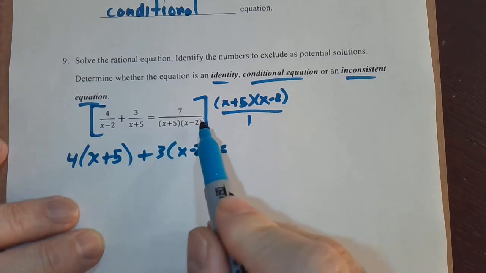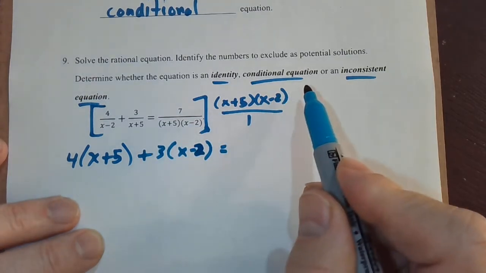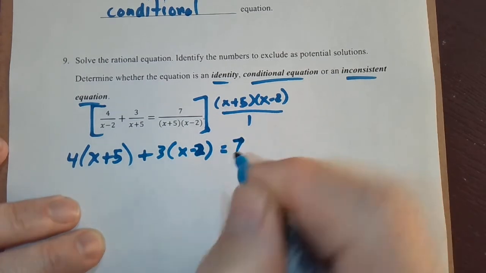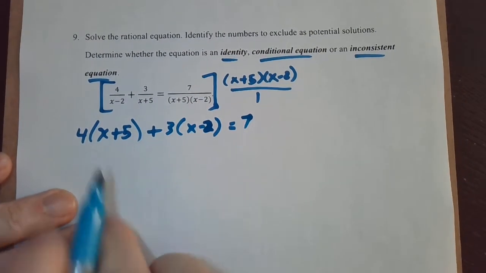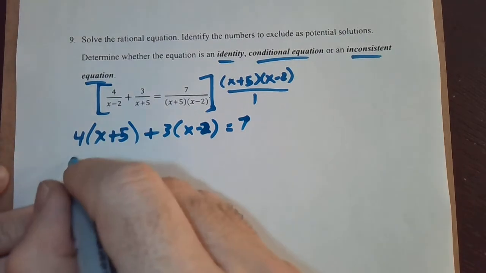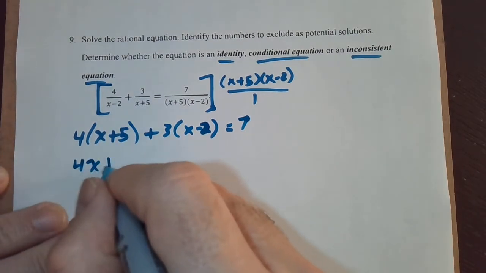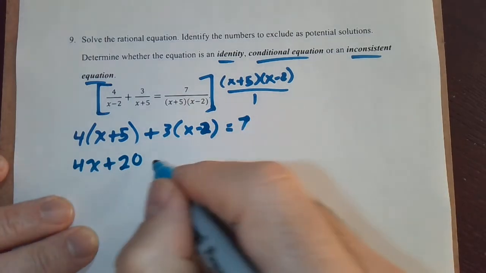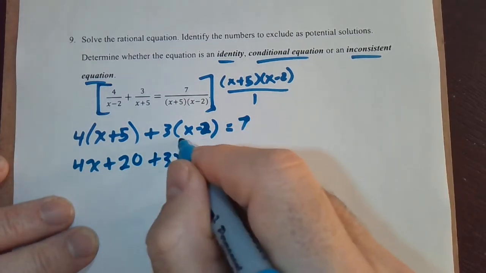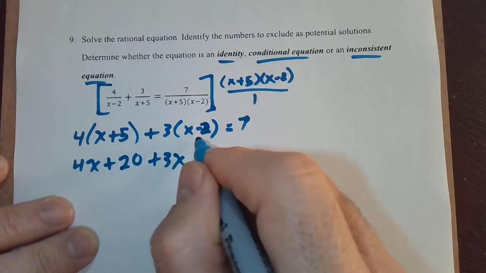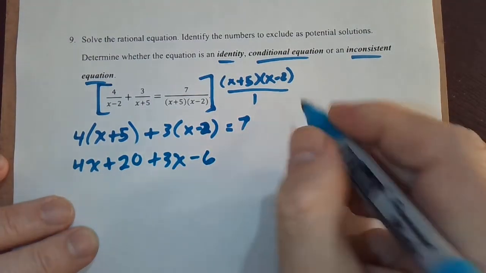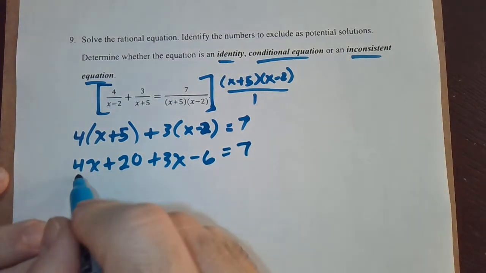The entire denominator cancels out, and it leaves us with just a 7. All right, so let's distribute on the left. 4x plus 4 times 5 is 20, plus 3x minus 6. 3 times negative 2 is negative 6, equals 7.